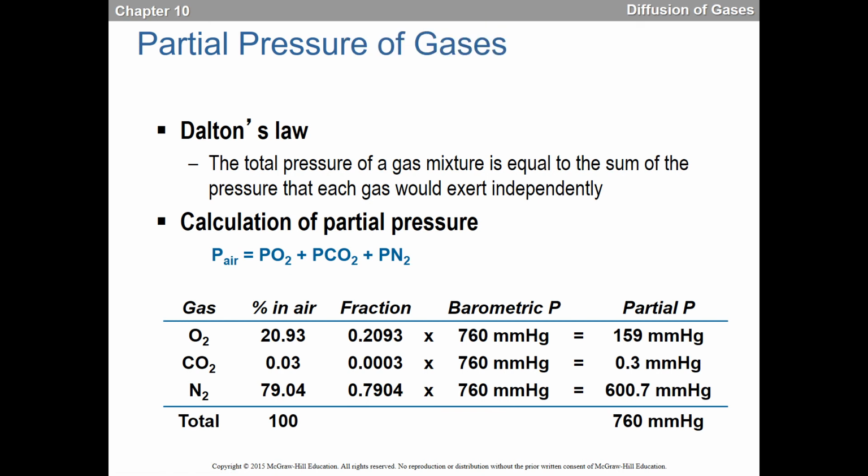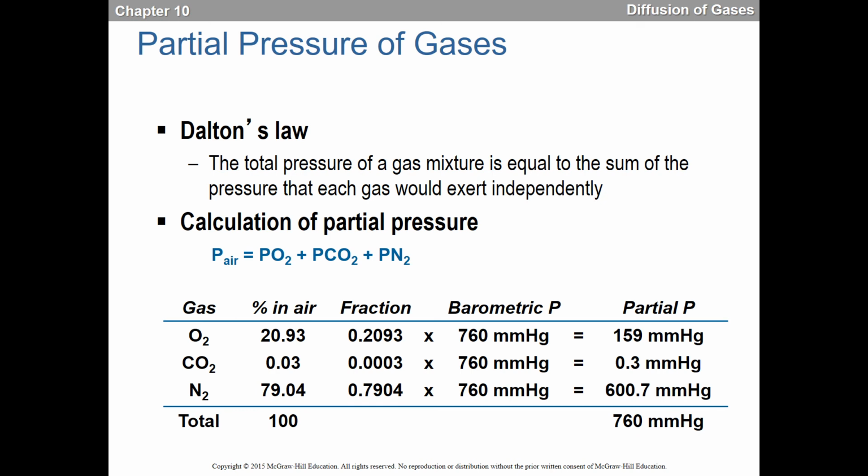Next, a couple of numbers to be aware of. The main things within our air are oxygen, obviously, CO2 to quite a small degree, and nitrogen being the vast majority of it. And there's a really small amount of the noble gases like argon, xenon, neon, helium.